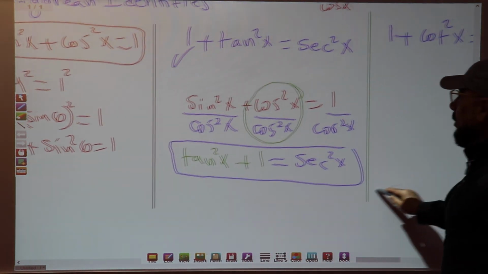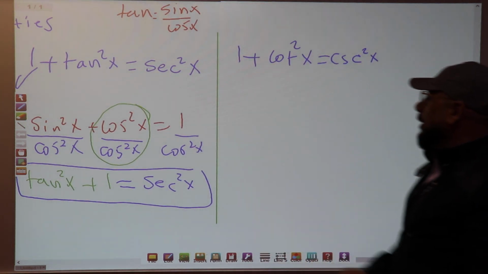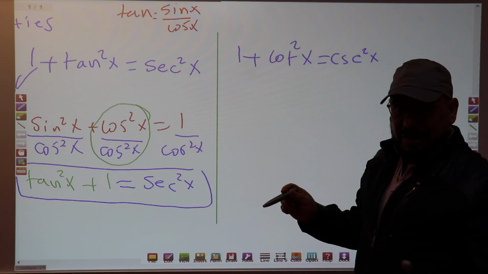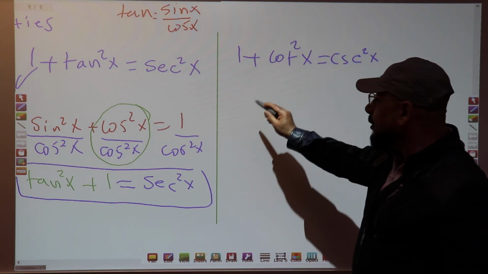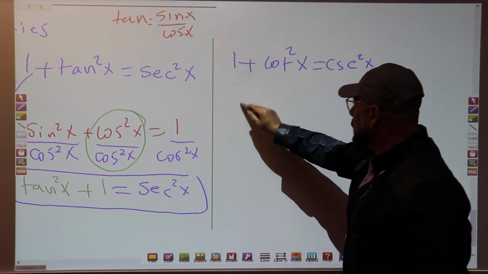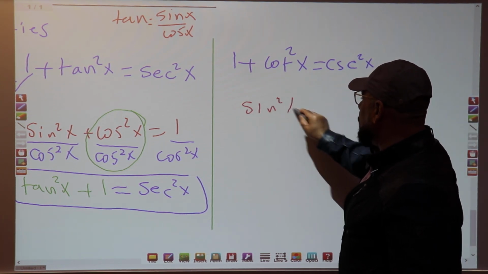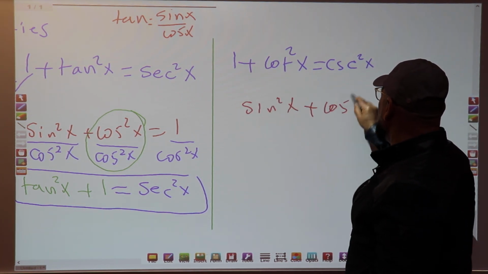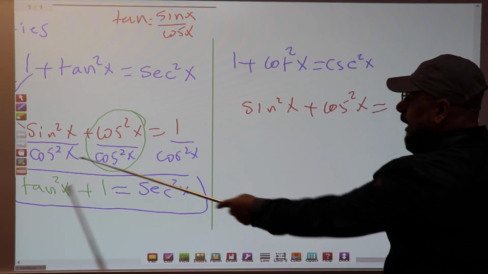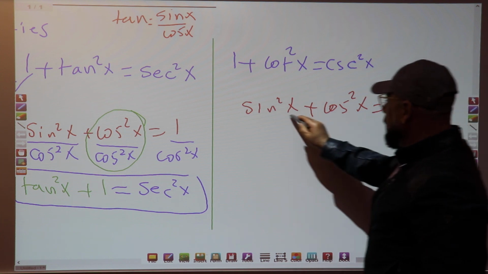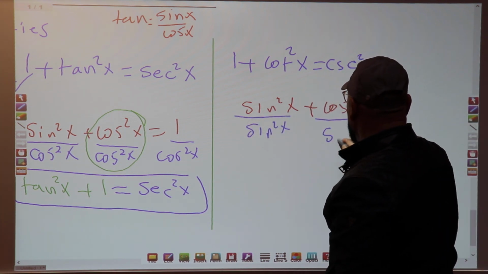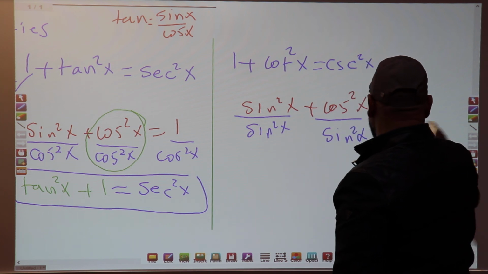Let us go to the other one. We're going to use the same approach. Sine square x plus cosine square x equals 1. What are we going to divide by now? Here we divide by sine square.